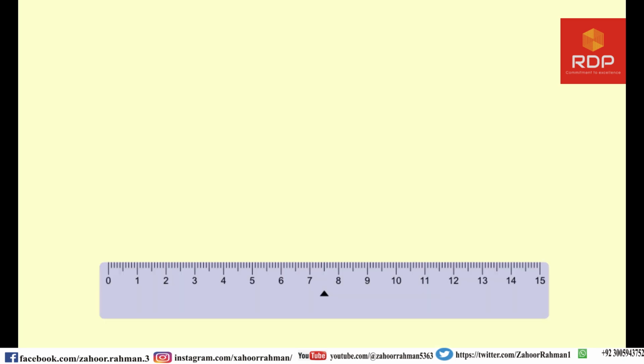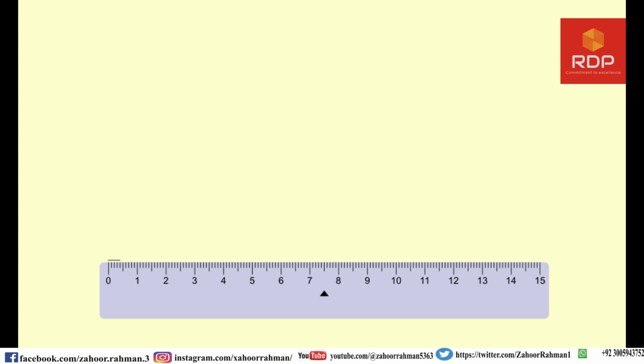Okay, this is the software, and first I am drawing the longest side, which is 6.7 centimeter, and labeling it as 6.7.